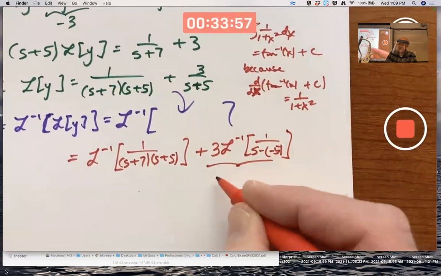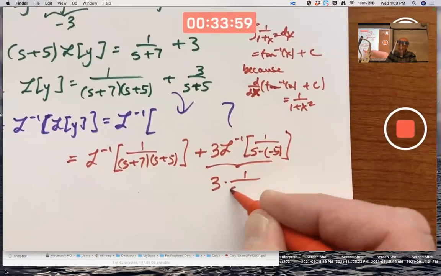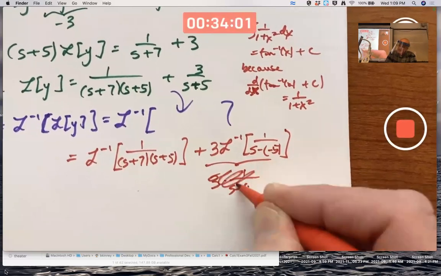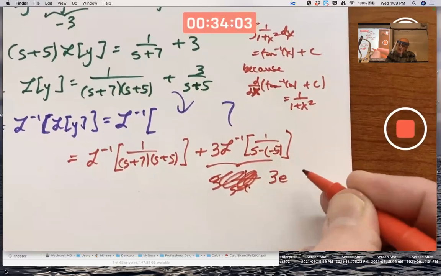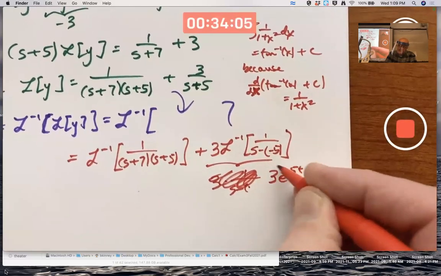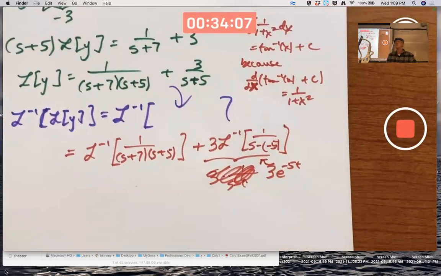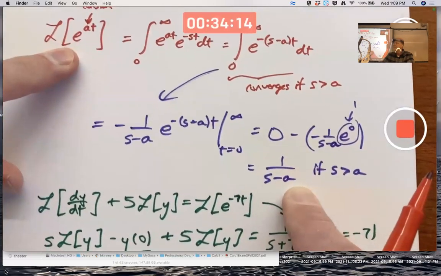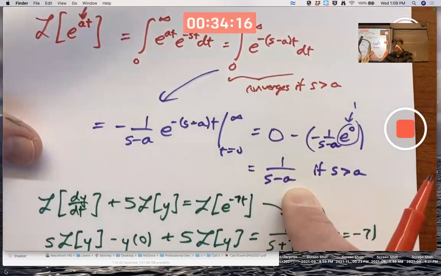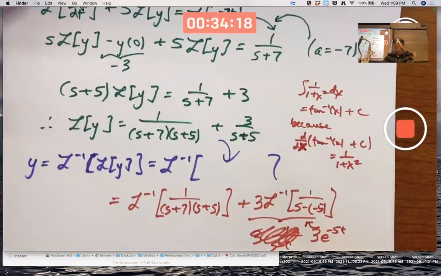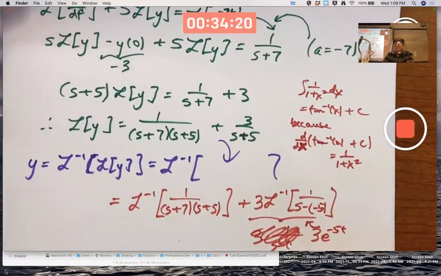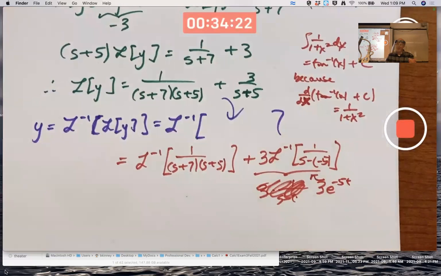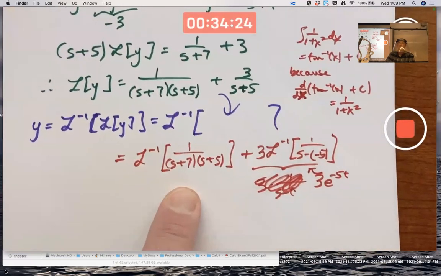And this then would be 3e to the -5t is what this would equal. Because of those being equal, a is -5. The 3 just gets carried along to the right. So the only thing left to do that's hard, it seems, is what's that?